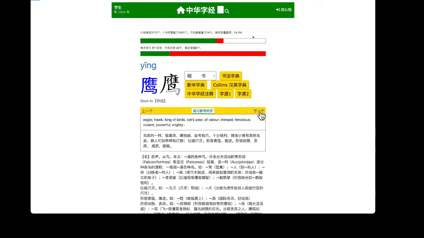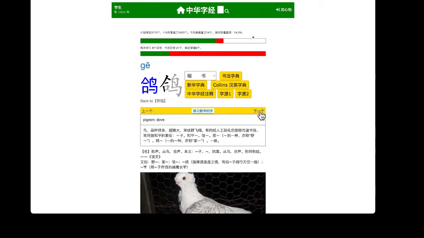Ying. Okay, next up, gu. Gu is a pigeon or dove. And this, again, on the right is niao, the character for bird, because this is a type of bird. On the left is he, which is phonetic, but also he means close, join, fit, equal, whole, together, which I guess you could take to mean like pigeons are communal, maybe easier to get along with.